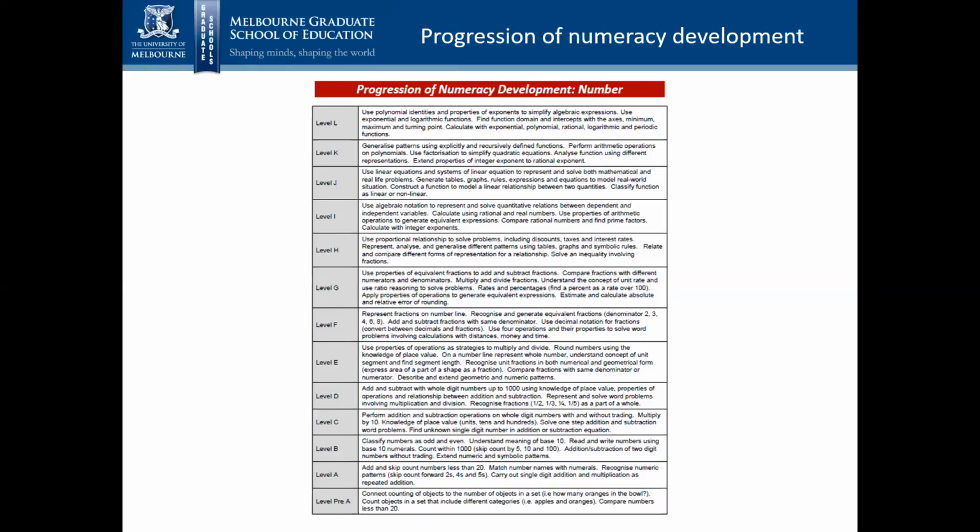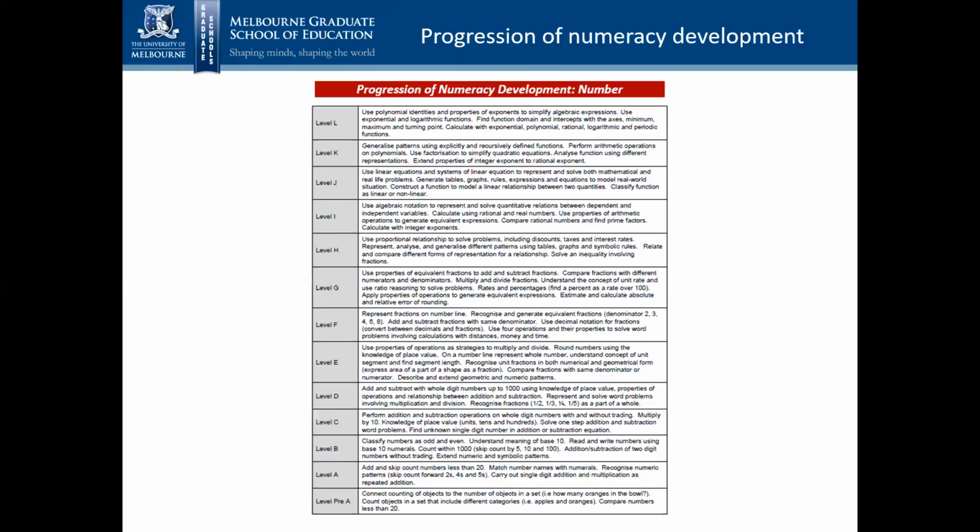To assess this progression, you would choose to assess small slices, either one level or a few adjacent levels. That means you wouldn't try and assess everything, you would assess small slices of one or more levels.